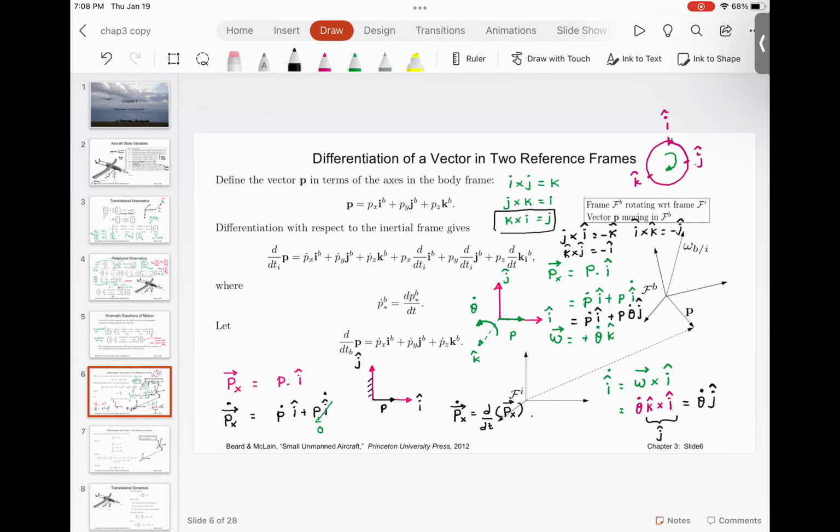And please remember this, because next class I would just use this result to derive the rate of change of momentum. Because please understand, momentum is also a vector. Same logic applies, no matter what the vector is. If you have the quantity expressed like this, take the derivative of the quantity, derivative of the unit vector.